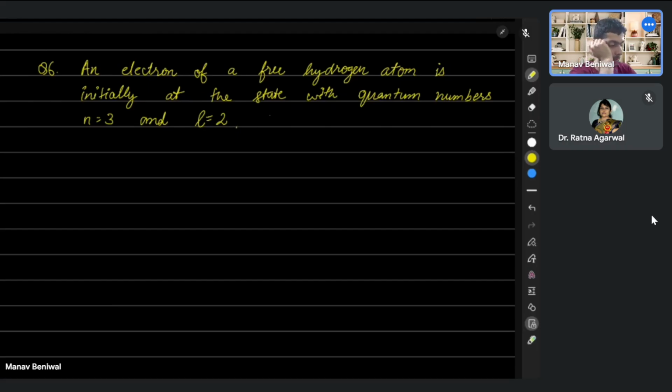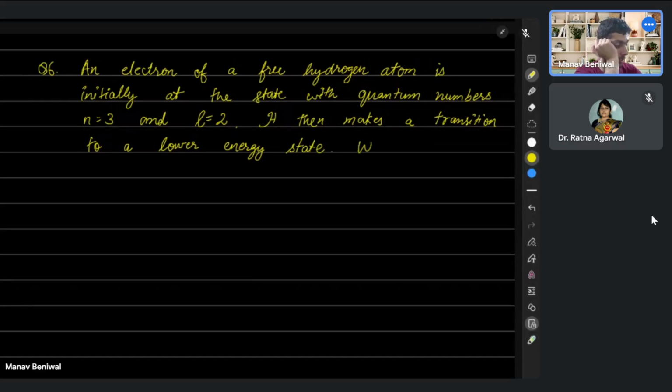So the electron then makes a transition to a lower energy state.